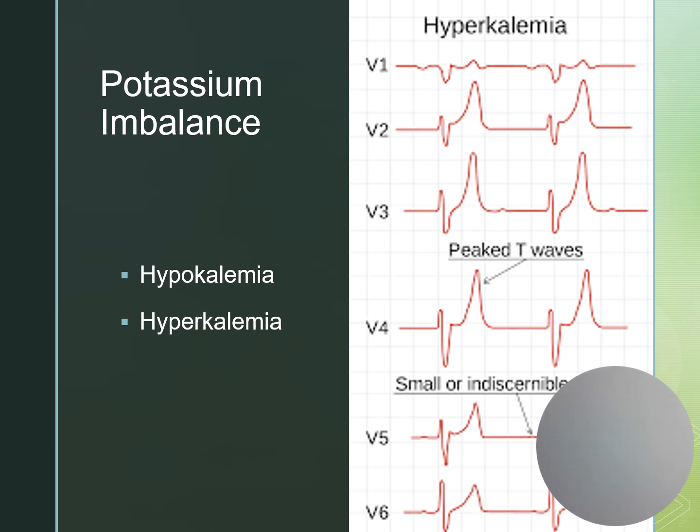With hyperkalemia, high levels of potassium, this is caused by renal failure. We are going to be excreting potassium through the kidneys. So if our kidneys are not working, we are not peeing, then our potassium levels are only going to get higher and higher. Maybe it is from potassium-sparing diuretics such as spironolactone.